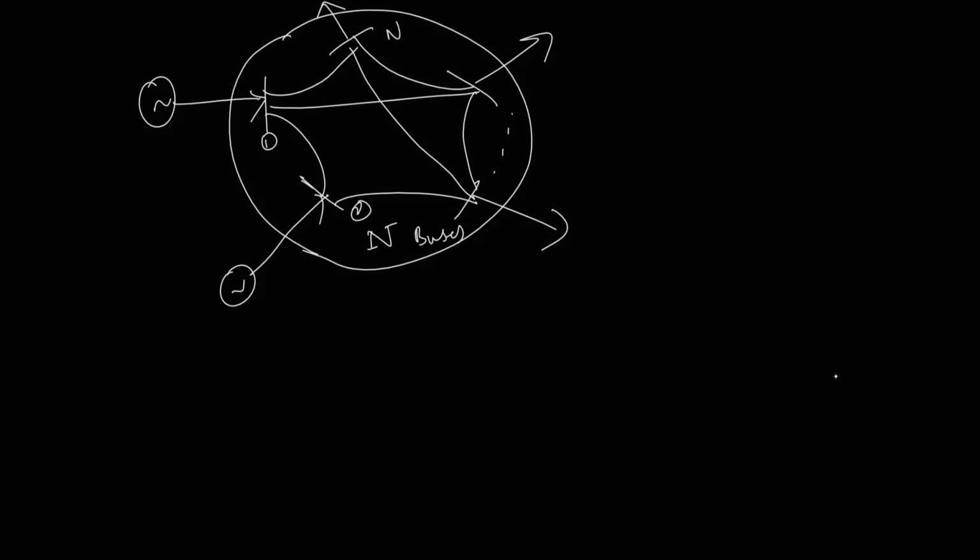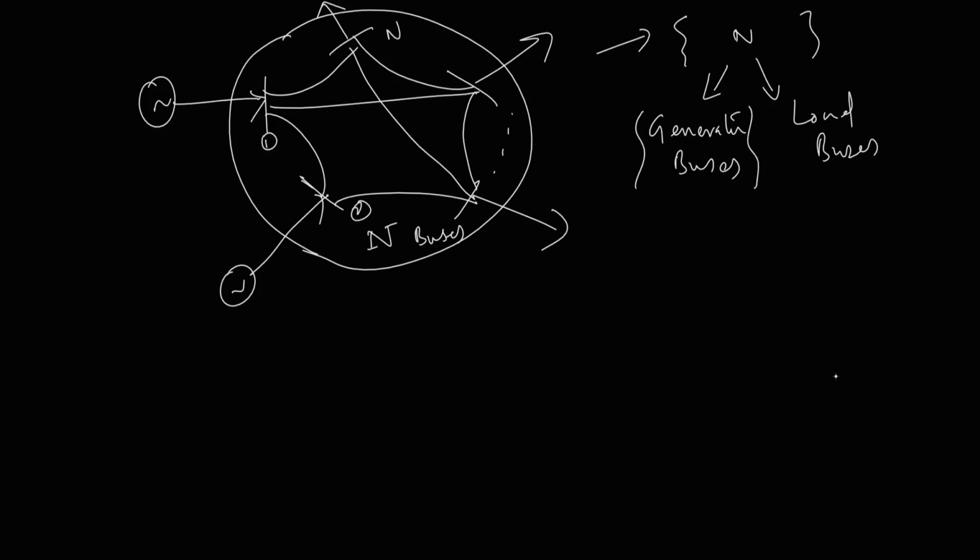Now I can classify these n buses into 3 types, or mainly 2 types. One is generator buses and load buses. Now generator bus is the bus at which a generator is connected. Definitely a generator is connected to that bus.